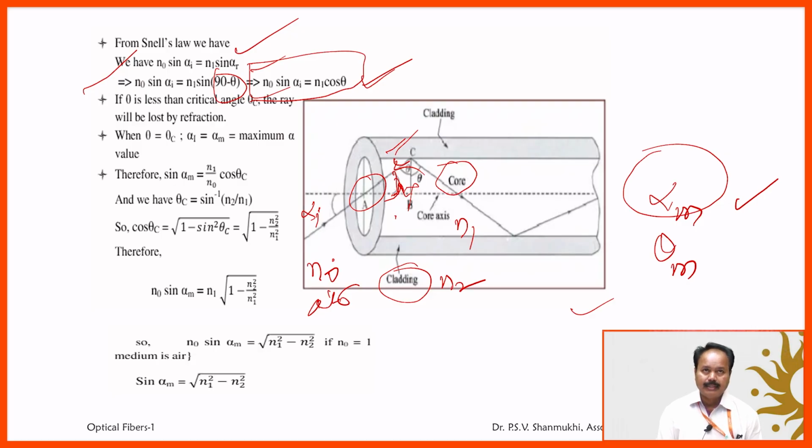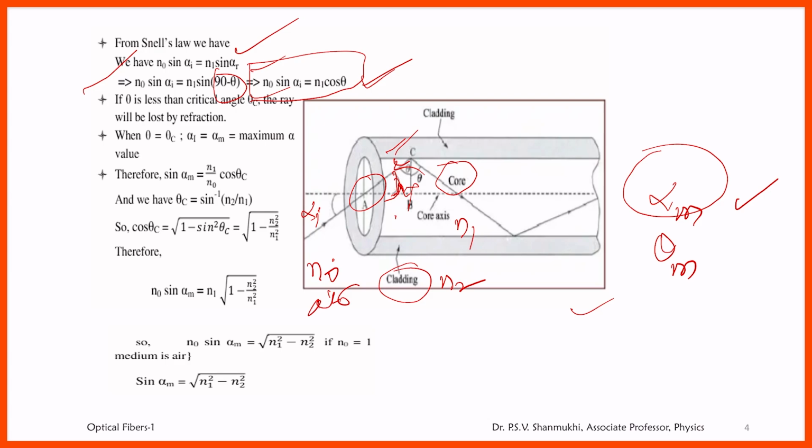Later on we will discuss this again. Now keep it aside. I want to introduce one new angle, alpha m, in such a way that if alpha is equal to alpha m, then the angle theta is making the critical angle theta c.